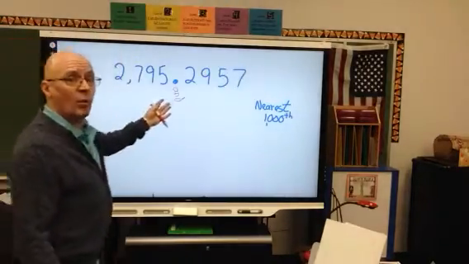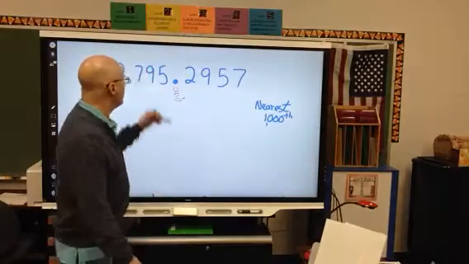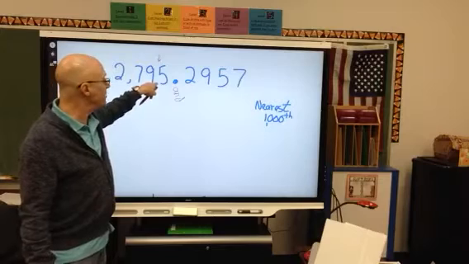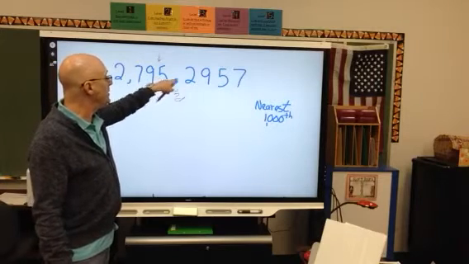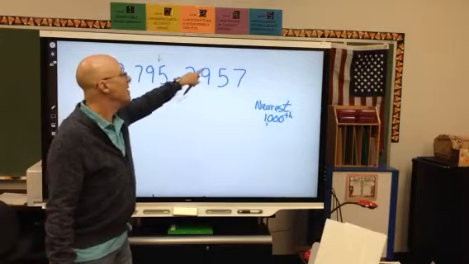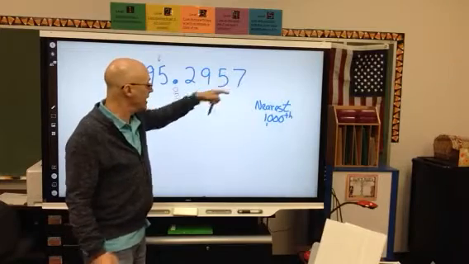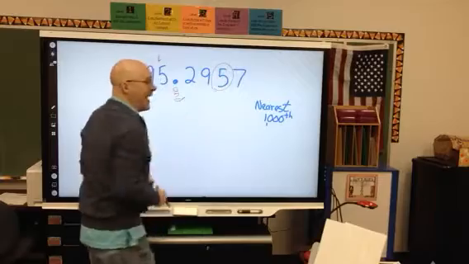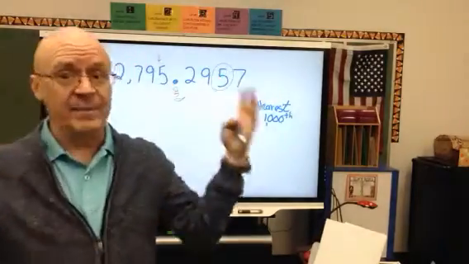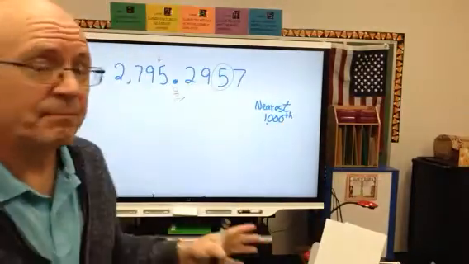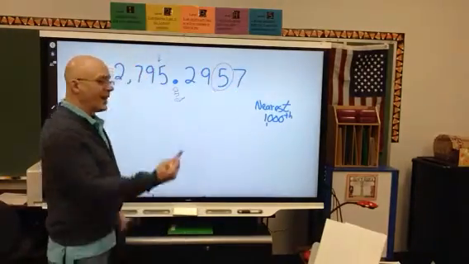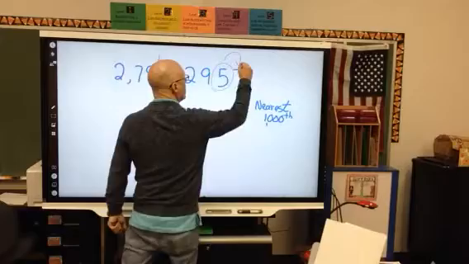So we need to find out what number's in the thousandths. Remember, here's our ones place. We only have one of those. On this side of the decimal, we jump straight to tenths, hundredths, thousandths. Here's our thousandths place right here. So that number is either going to get bigger or it's going to stay the same. Everything this way is going to disappear. But we have to go next door to find out what we're going to do.